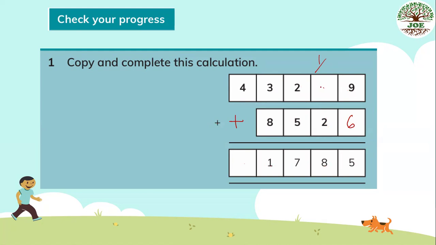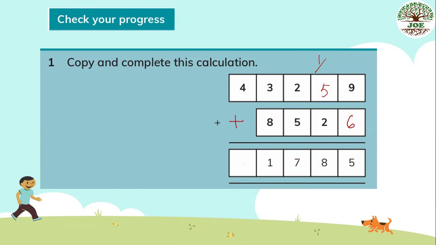2 plus 1 plus what is 8? It is 5. Let's check: 1 plus 5, 6. 6 plus 2 is 8.